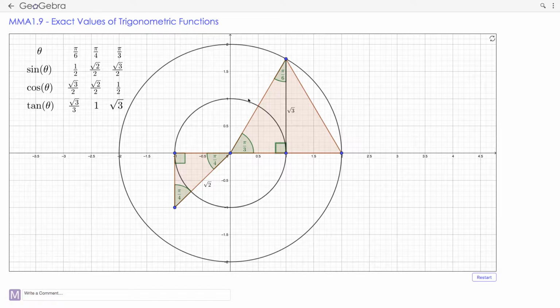For this to hold, what is 2 squared? It's 4. 1 squared is 1. So 1 plus something has to be 4. That something must be 3, right? So the length of this squared must be 3. So the length itself must be square root 3. So the height here is square root 3. Now we know all side lengths of this triangle.